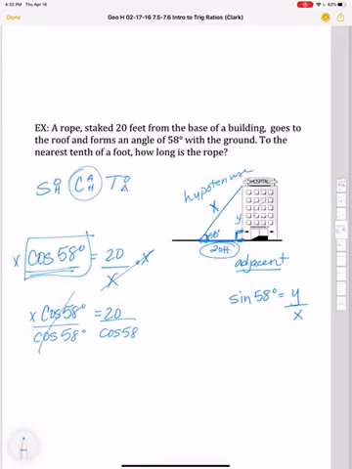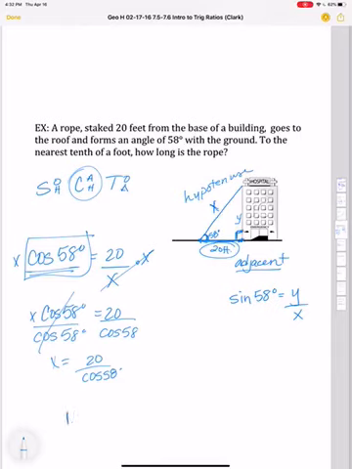We'll deal with that later. But keep those together. They are stuck with each other. So that means that x equals 20 divided by cosine 58. So you get your calculator out and you do 20 divided by cosine 58. And that is 37.7.